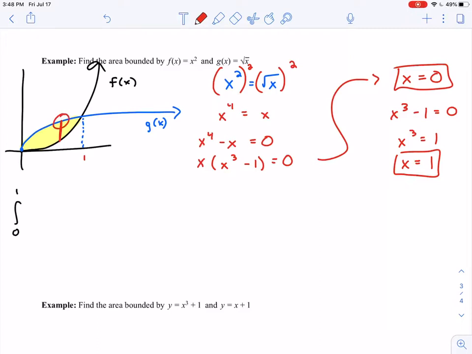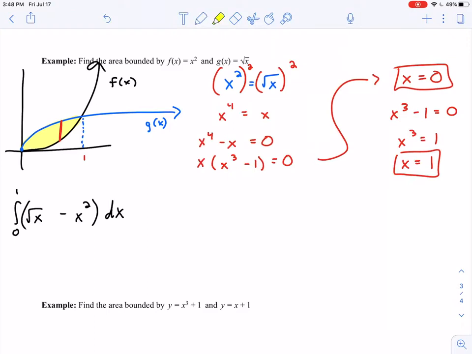Here, my upper function, the ceiling of that region, is the blue function g of x, which is square root of x. So let's write that as square root of x, minus my lower function, the black function f of x, that is x squared dx.